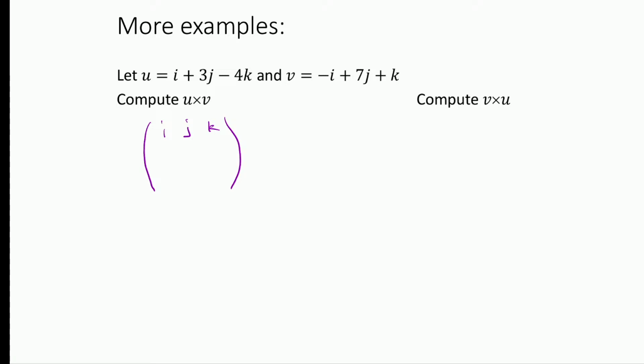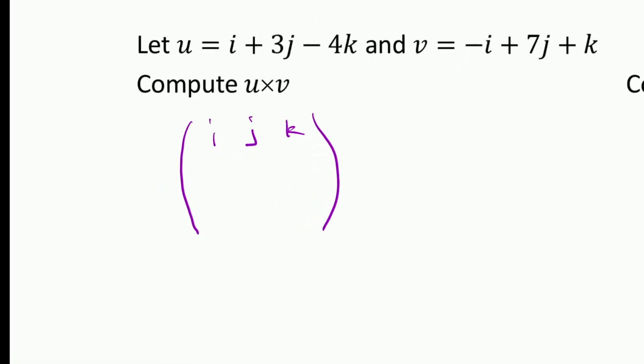So I don't know where you are in your calculations, but let me set up u crossed with v just to make sure that we're all on the same page. I will put 1, 3, -4, and then -1, 7, 1, 1.